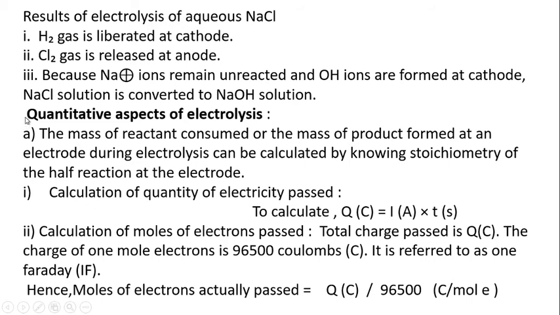Now, see the quantitative aspects of electrolysis. In this electrolysis, what can we study or calculate quantitatively? The first one is the mass of the reactant which is consumed or produced at the electrode during the electrolysis, which can be calculated by the balanced chemical equation.